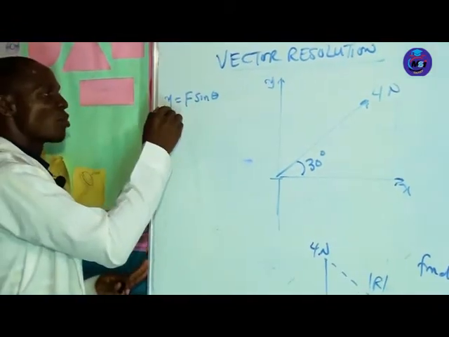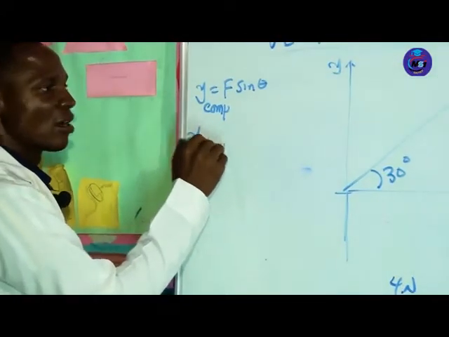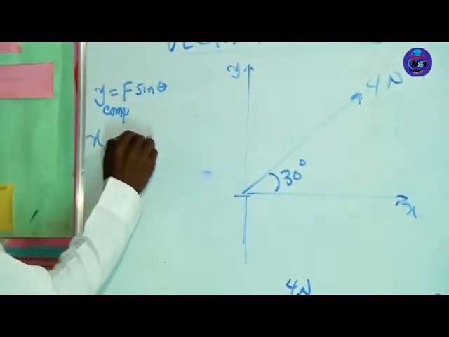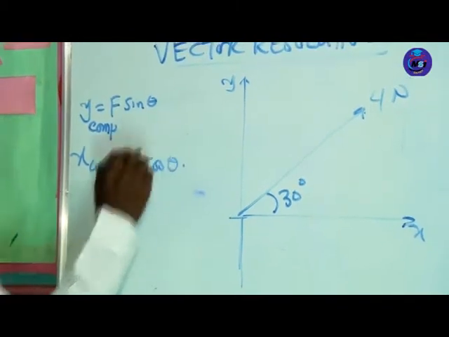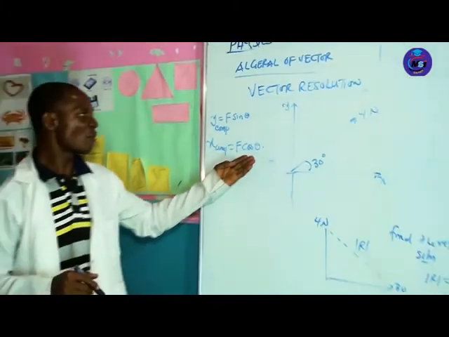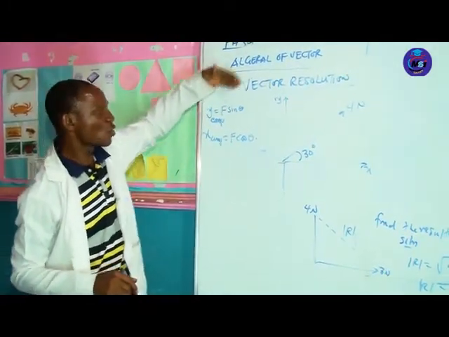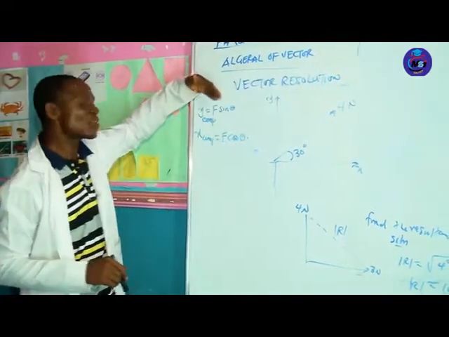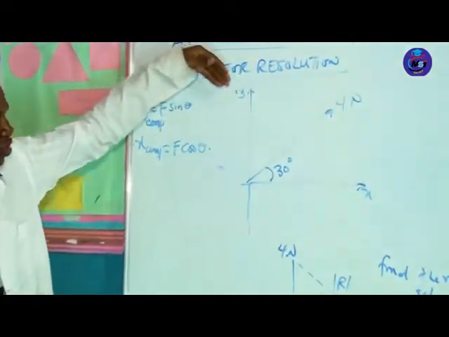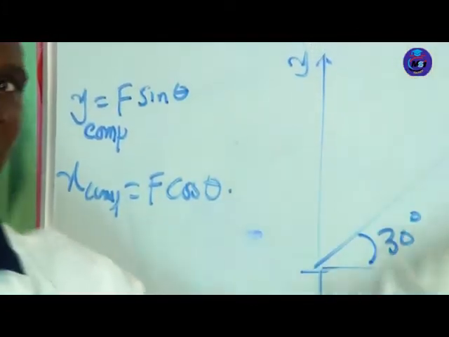This is the y component. The x component of this will now be F cos theta. So anytime you want to resolve a vector, this is the formula you use for the x component, while this is the formula you use for the y component. So the answer you get here, you place it on the y, and the answer you get here, you place it on the x.